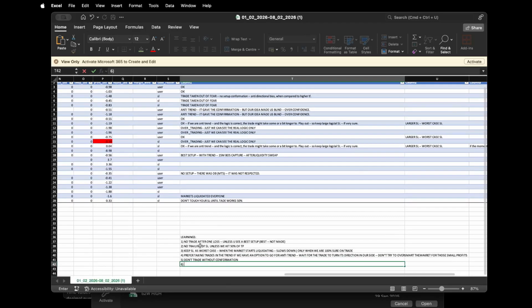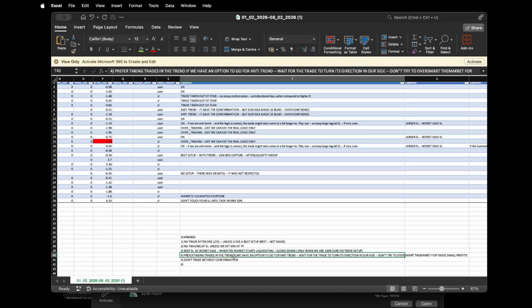So no trades after one loss unless you see the best setup. No trailing of SL unless we hit 50%. Keep the SL as worst case when the market starts liquidating and slows down, only when you are 100% sure on the trade setup. Prefer taking trades in the trend.